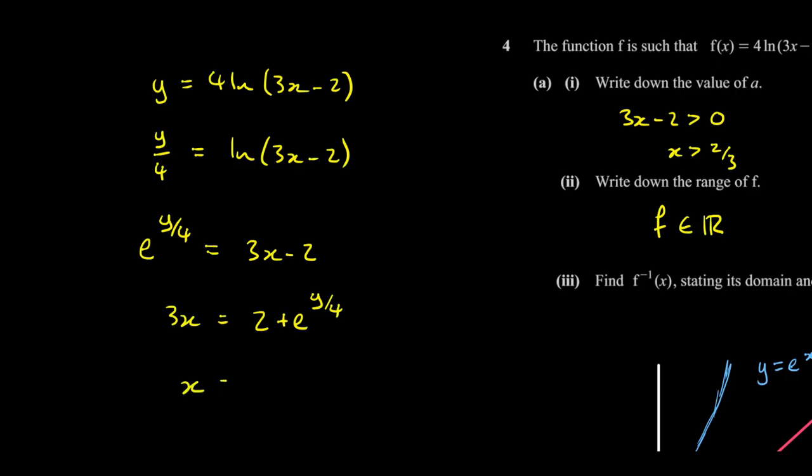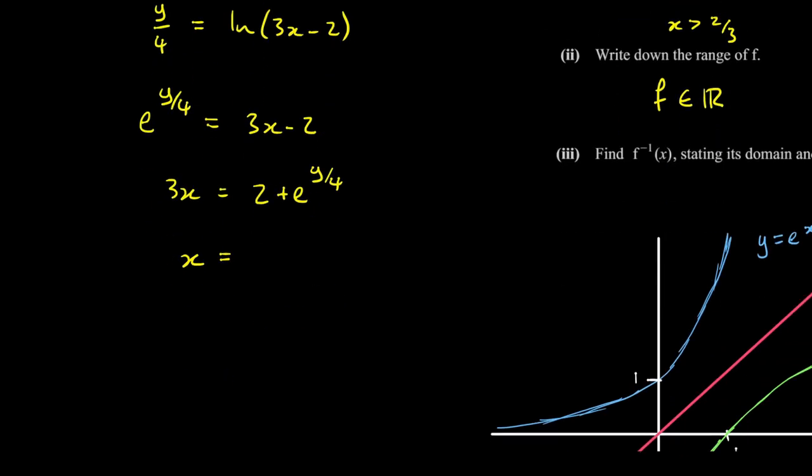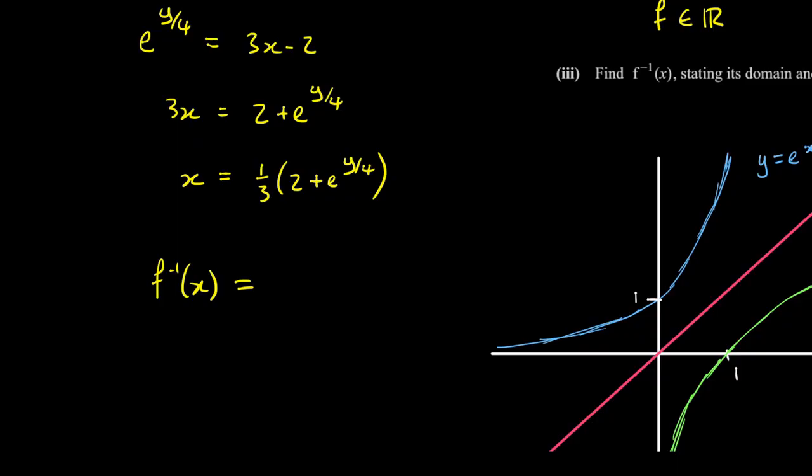And that means that x is equal to 1/3 of 2 plus e to the power of y upon 4. And conventionally, we would then write the inverse function and say that the inputs are x, so we just take the y and we replace it with an x. Just basic convention. And that's going to be our inverse function.